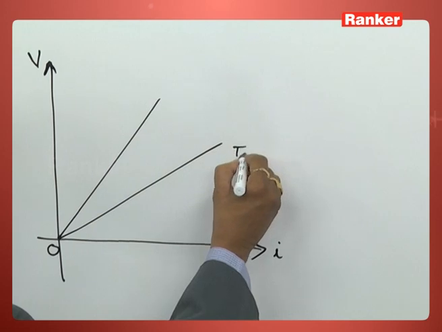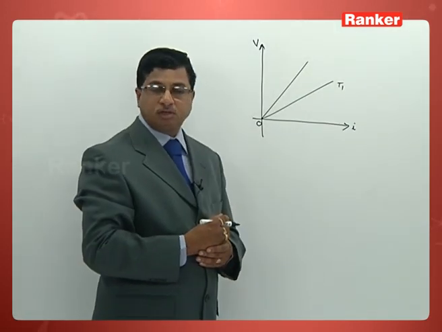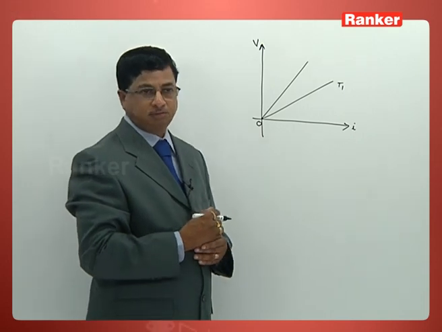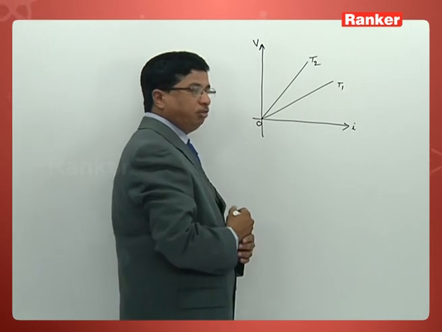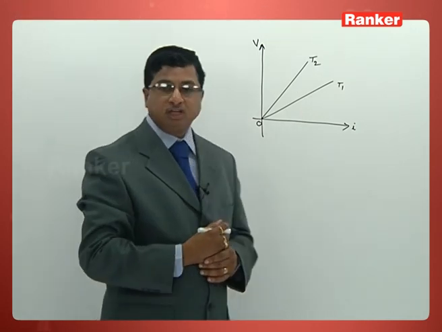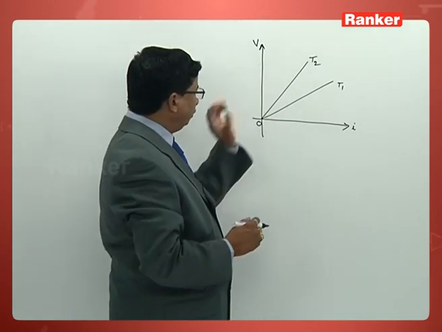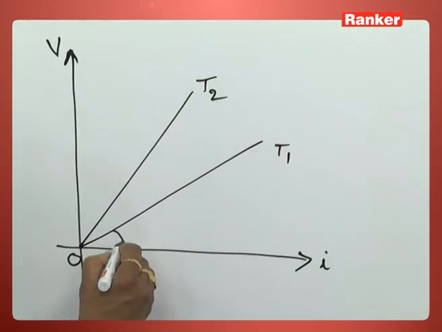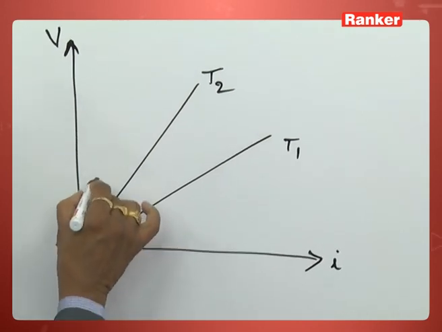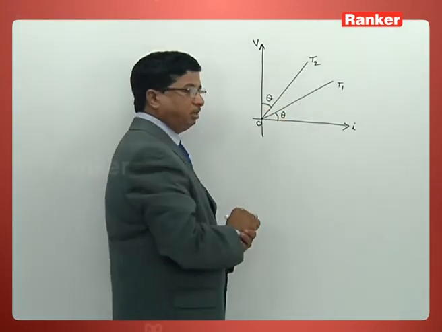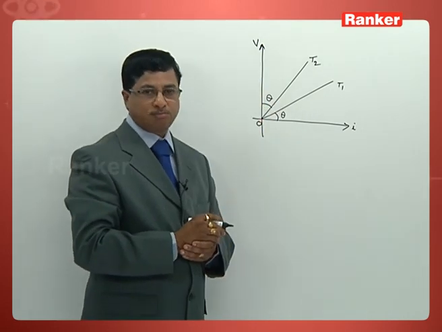This of course is the graph when the temperature is taken as T1. This is the graph when the temperature of the surroundings is taken as T2. And in addition, he has mentioned this angle as theta and this angle also as theta. This is the graph that has been provided to us.